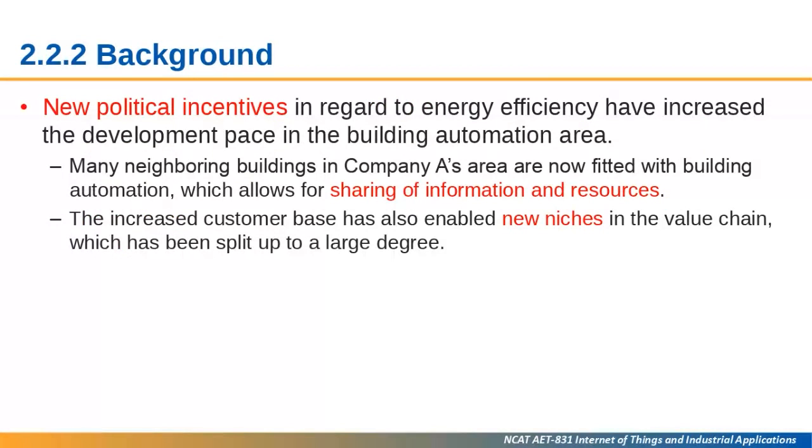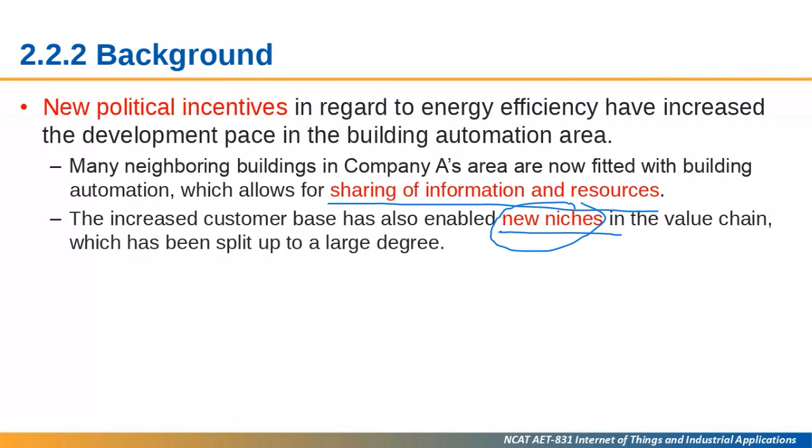New policy incentives in regards to energy efficiency have increased the development pace in the building automation area. So many neighboring buildings of company A are now fitted with building automation. So they will have a sharing of information and resources, and also the increased customer base enables new niches in the value chain. We will look into what these new niches are in the next few slides.